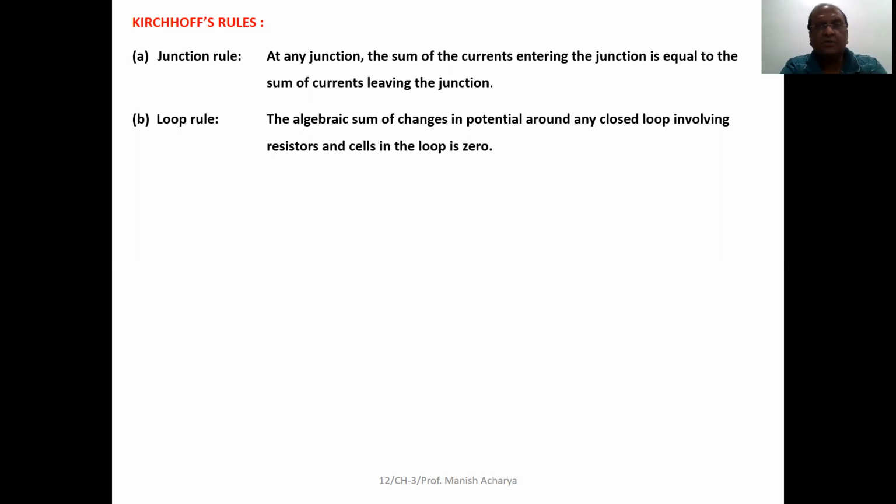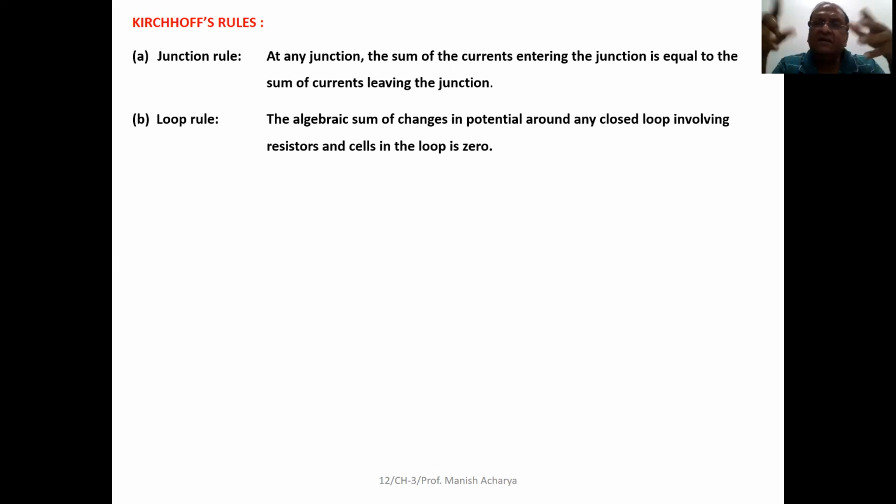Actually, this junction rule is the consequence of the law of conservation of electric charge. Now see here, as per the law of conservation of electric charge, we know that at any point, charge will not be accumulated, charge will not be destroyed, and new charge will not be produced.